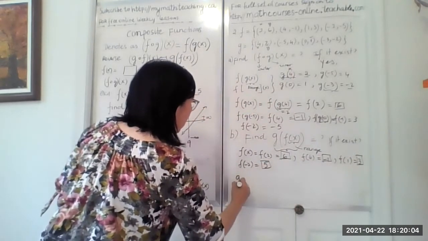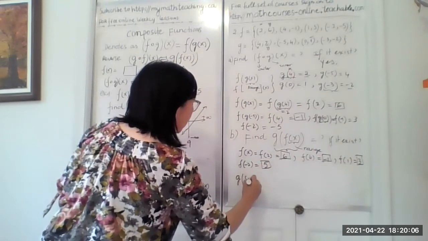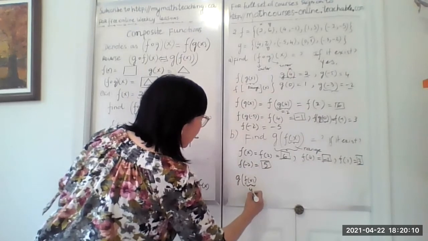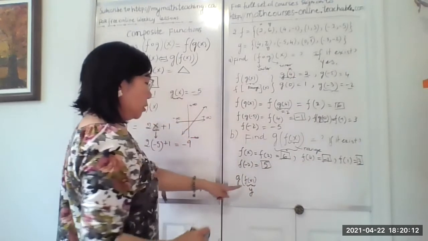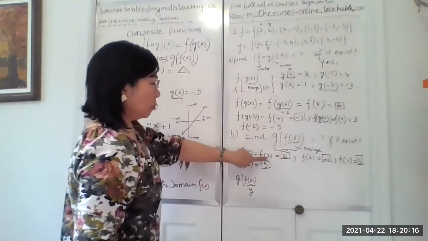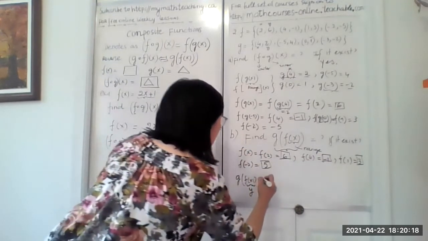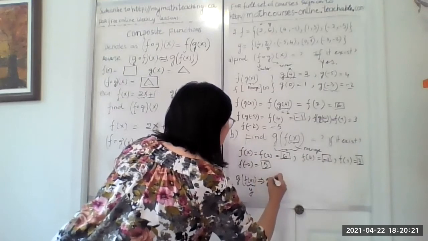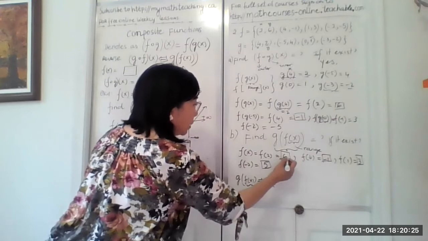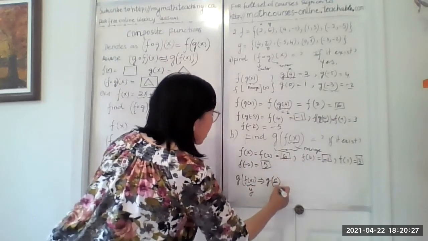So now we will find g of f of x. And remember, f of x here is just the y value of the f function. And the y value of 2 equals 6. So here we have g of f of x. We substitute f of x by the range, which is 6.